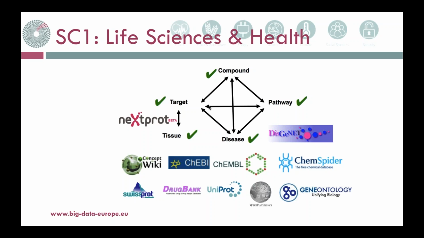So what we did in Open PHACTS is that we looked at all those data sets and first of all connected them by making link sets between the various identifiers that represent the same entities in various data sets, and then created an infrastructure that makes it easy for developers to use our connected or linked data.